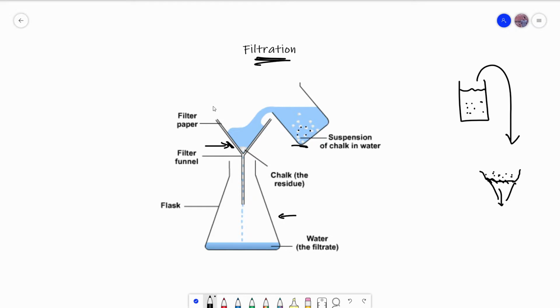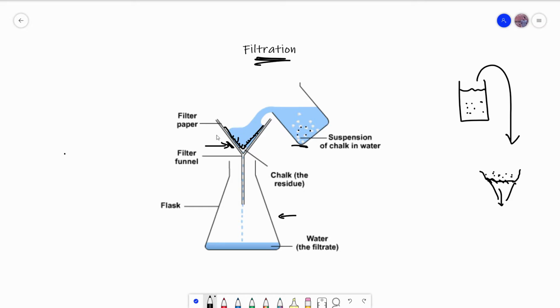In the filter funnel you've got some filter paper, which is a sort of paper with very fine holes in it, which allows particles of a certain size to pass through. Water molecules are very tiny, hence they can pass through easily.